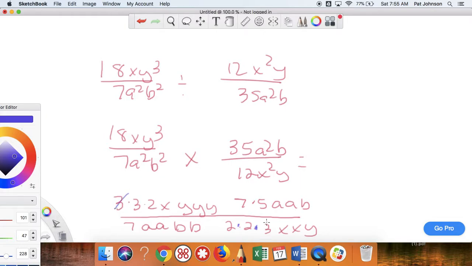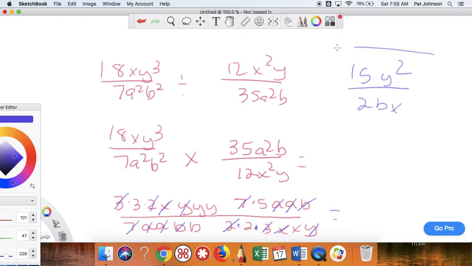So now we just simplify, cancel out anything that's the same. We have an x, a y, a y. We have an a, a b, a 7, a 7, and we're left with 3 times 5, which is 15, y squared. Be careful to be neat about this. We're left with a b and a 2 and an x, so 2bx, and there's your answer.